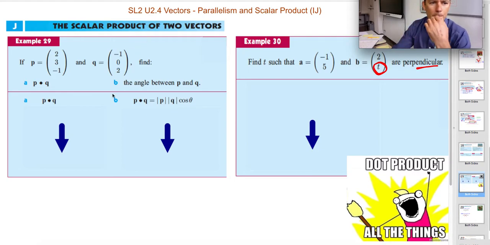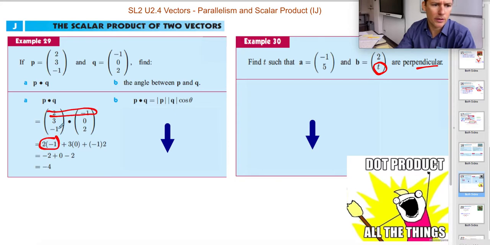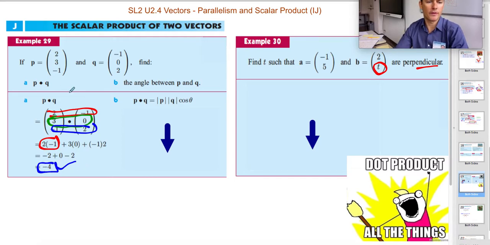All right, so if we're trying to dot product these, one way is to take the components and multiply the x components together, the y components, and the z components, and add them up. So there's our scalar product of these two vectors.